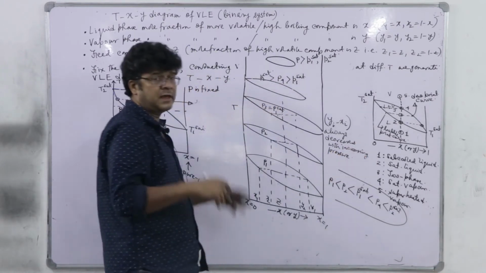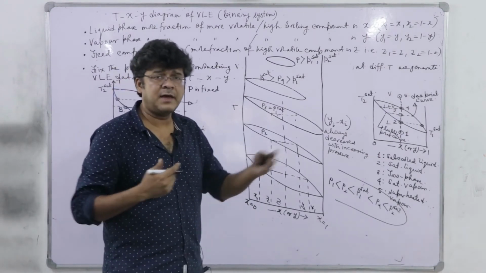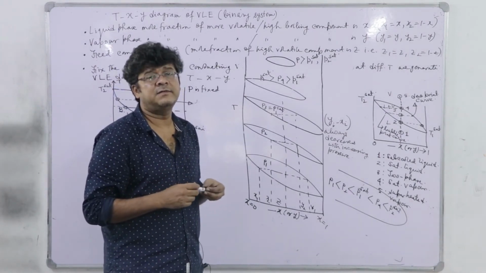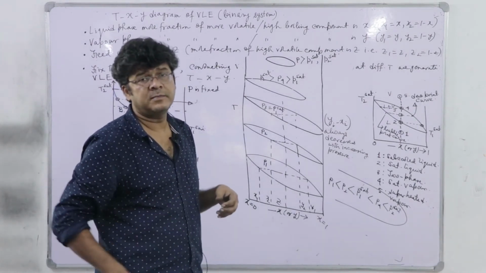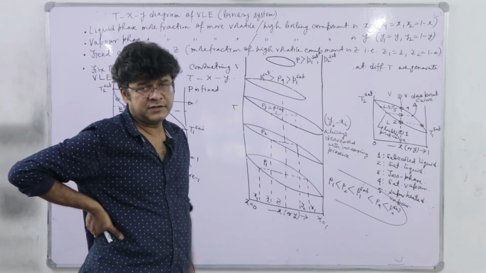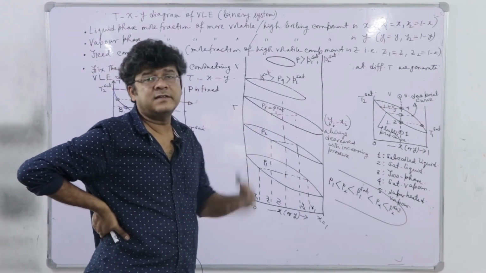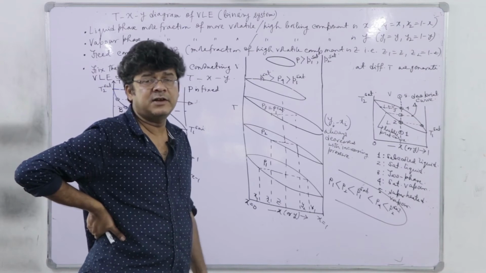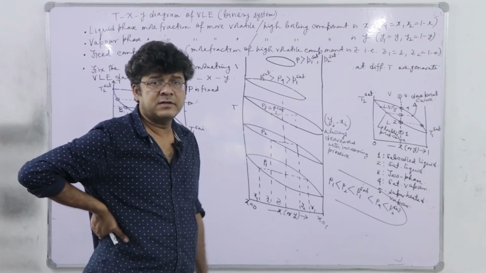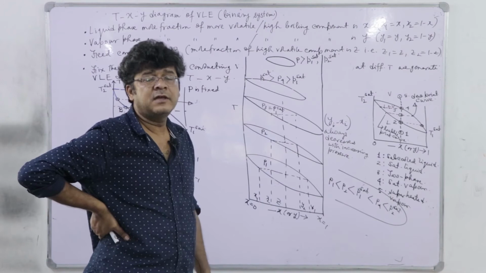Right. So the y-x gap actually represents quantitatively the separability of that system at a definite pressure. If we go on increasing the pressure, the separability upon partial vaporization decreases.